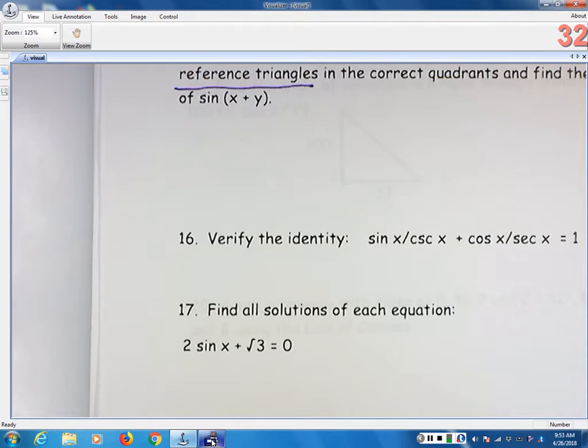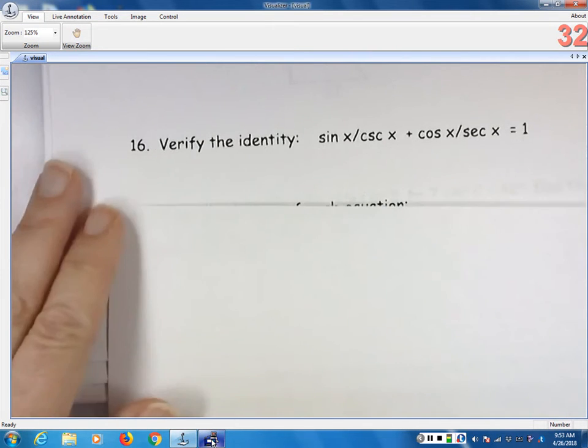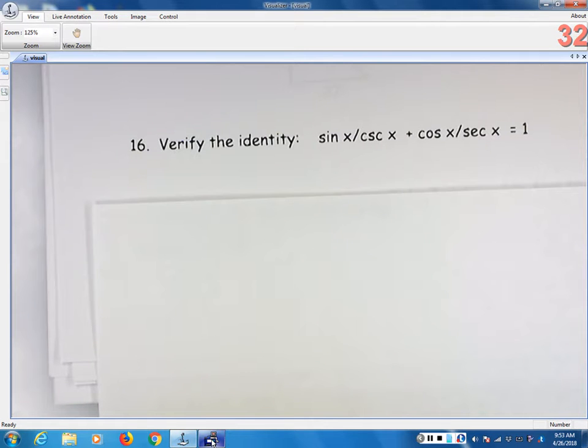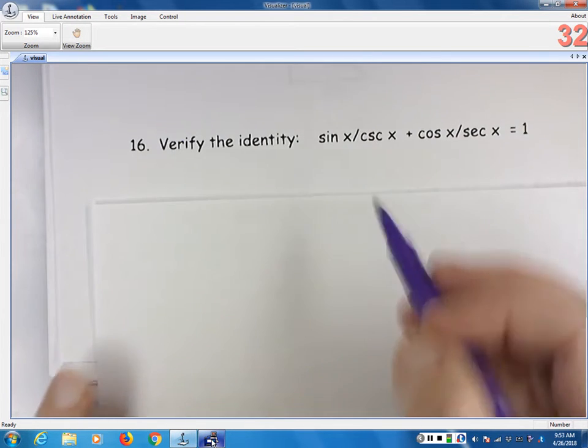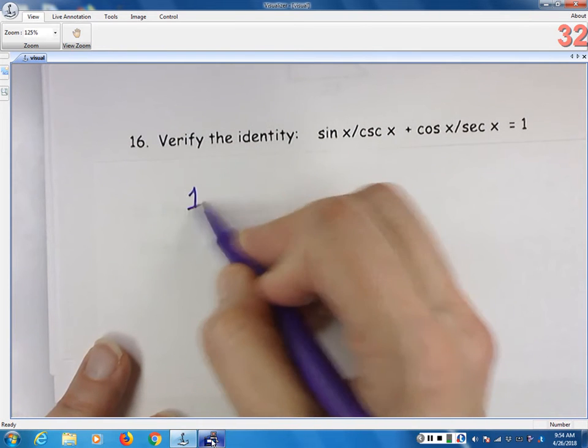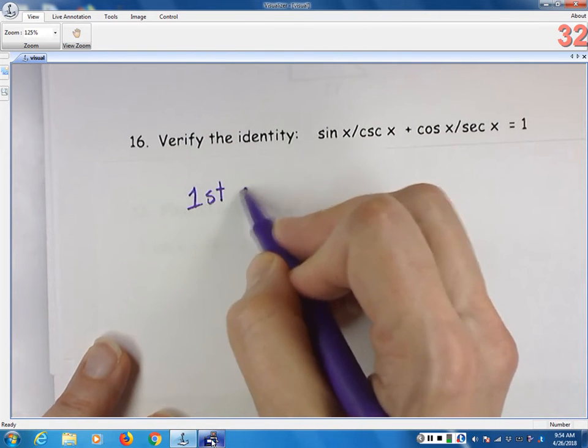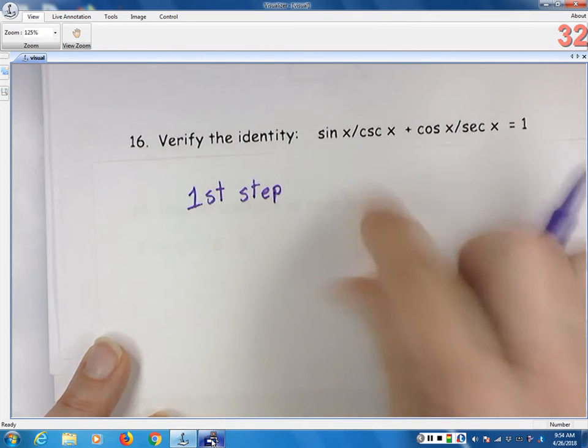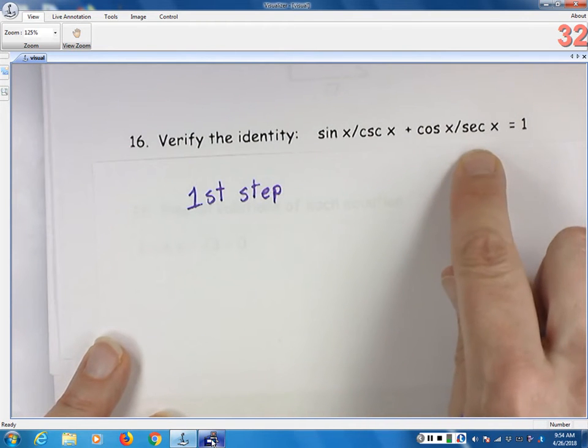You guys will be doing an identity, or more than one. Look back at your previous test 3. But here's an example, verify an identity. The most important thing, the first step you should do on verifying an identity is to manipulate one side at a time.